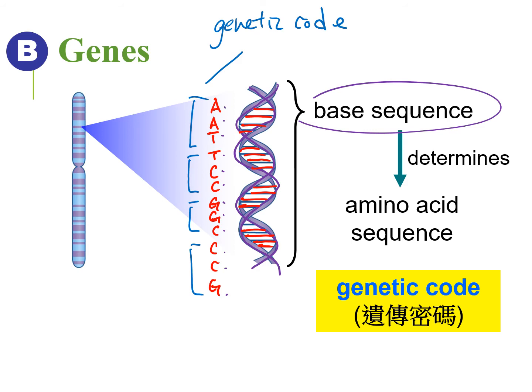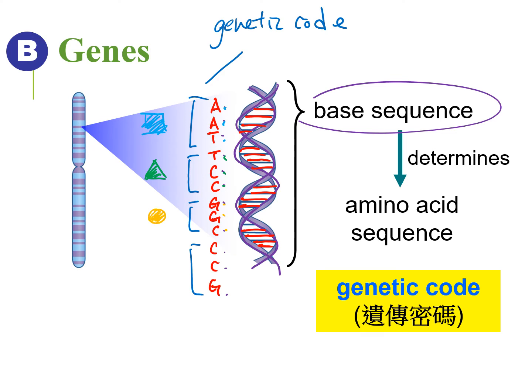Each genetic code codes for one amino acid. For example, AAT here is going to code for a rectangle. TCC is going to code for another amino acid, maybe a triangle. GGC codes for another amino acid, circle in shape.